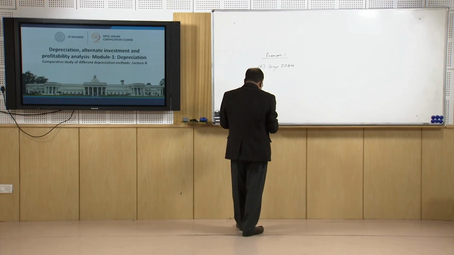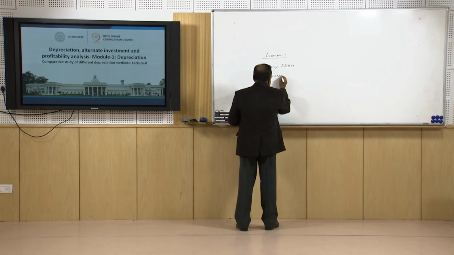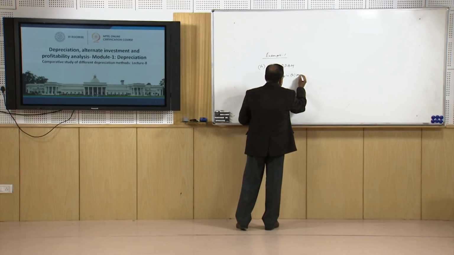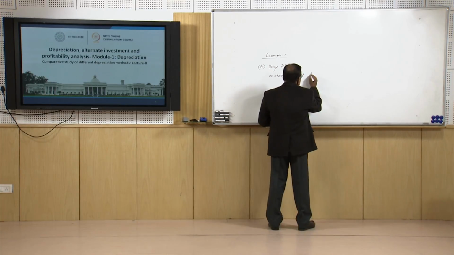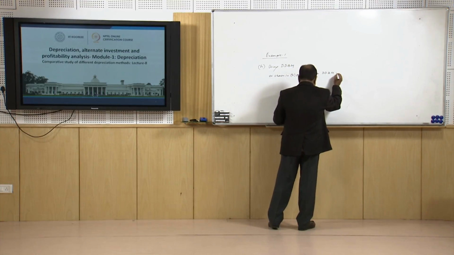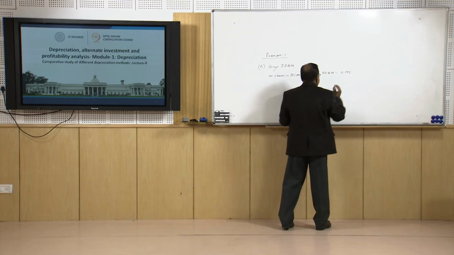So as shown in B part of this problem, F for DDBM is equal to 0.195.